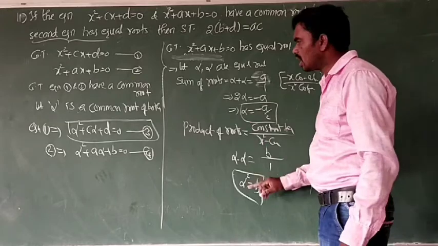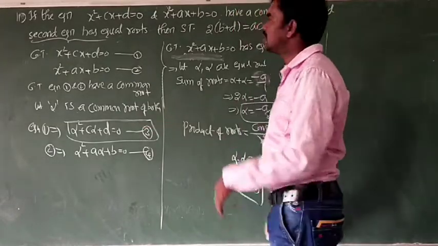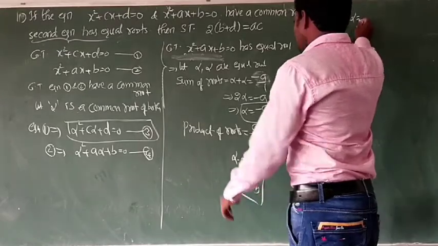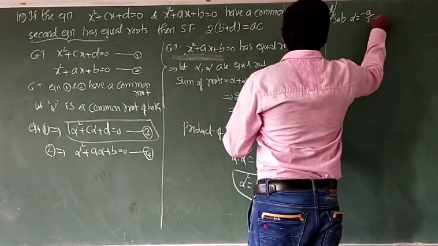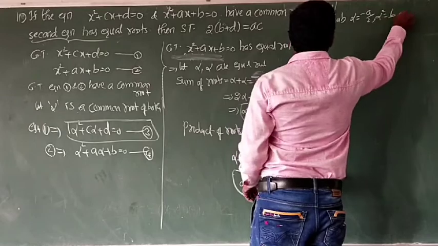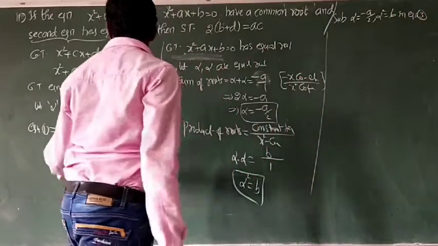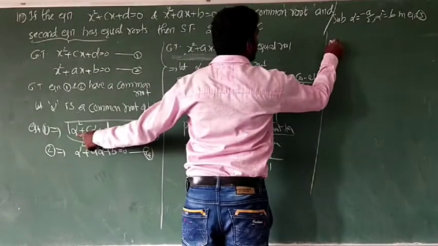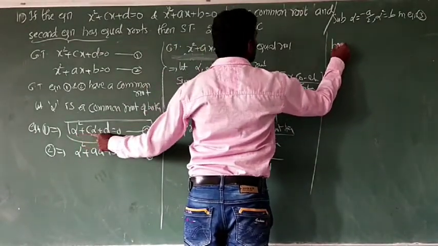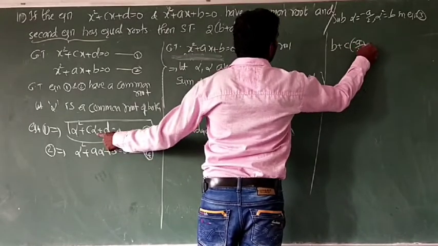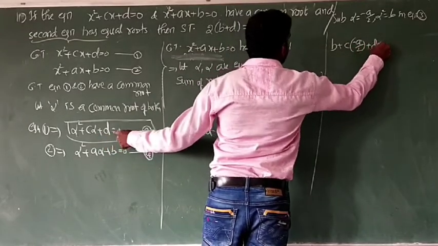Substitute these alpha and alpha square values in equation 3, then we can get the condition. So substitute alpha equal to minus a by 2 and alpha square equal to b in equation 3. What is equation 3? Alpha square means b, plus a into alpha, alpha means minus a by 2, plus b is equal to 0.